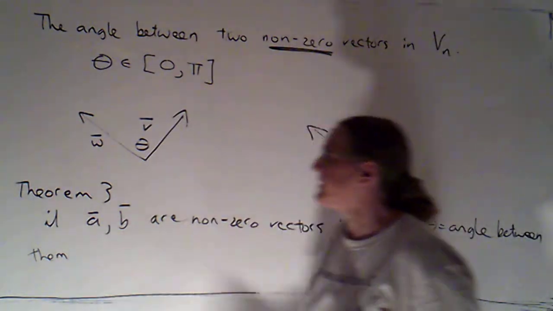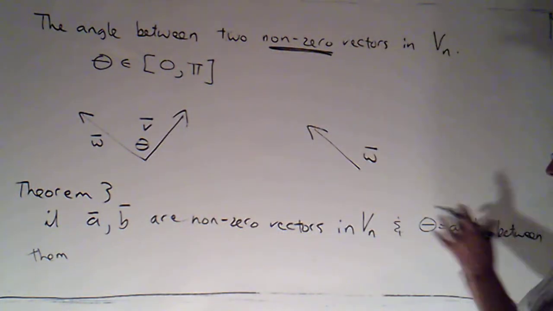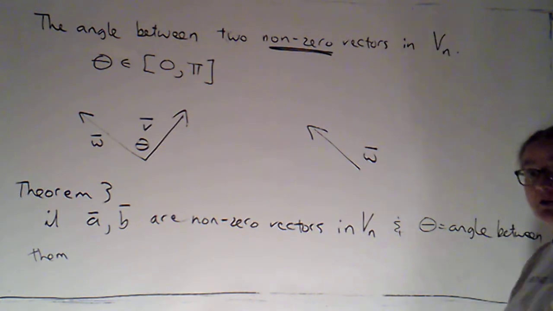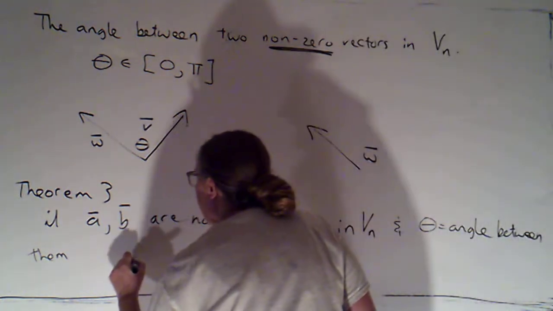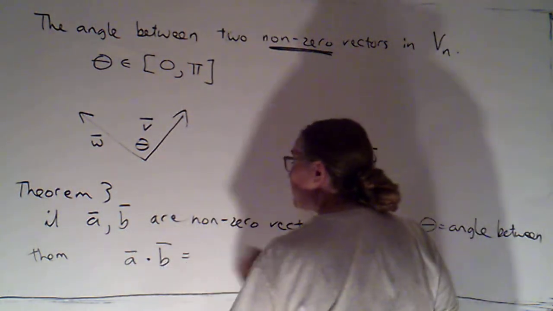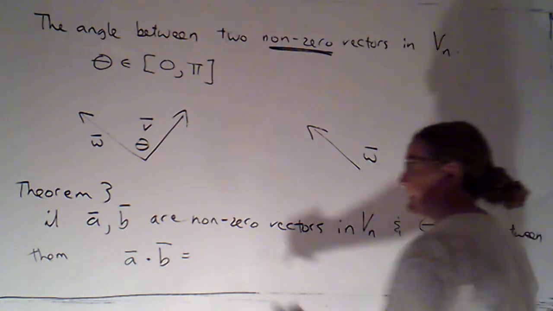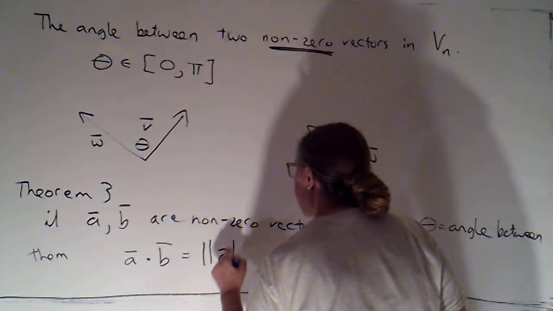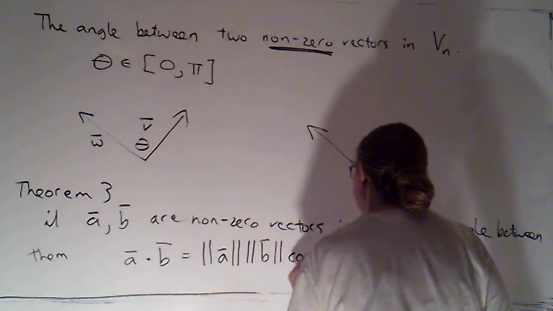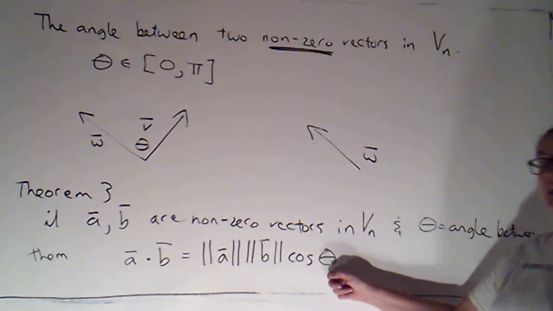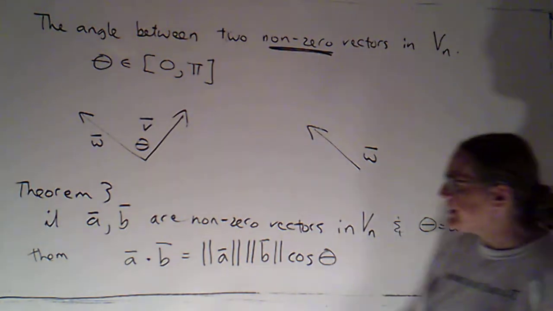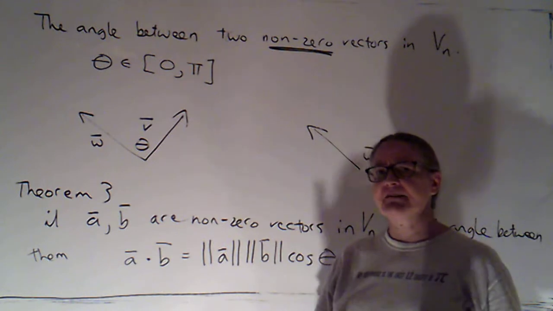So, if I have two non-zero vectors, either in 2 space or 3 space, I define theta to be the angle between them. A dotted with B will be the product of 3 things: the magnitude of A, the magnitude of B, and cosine of that angle.